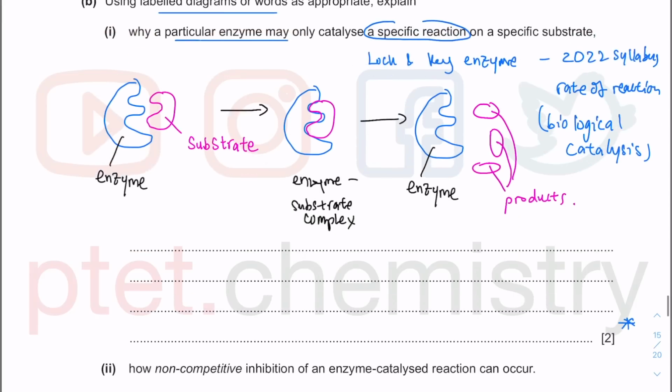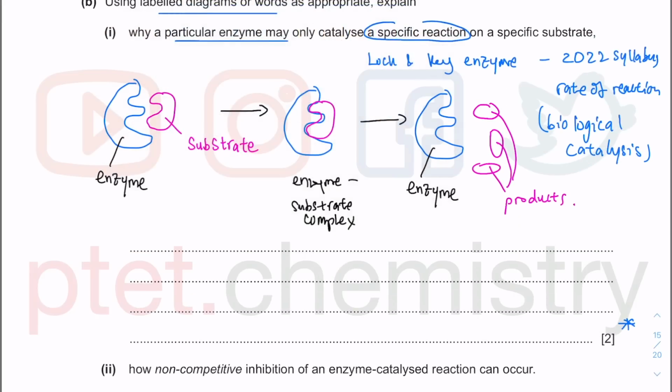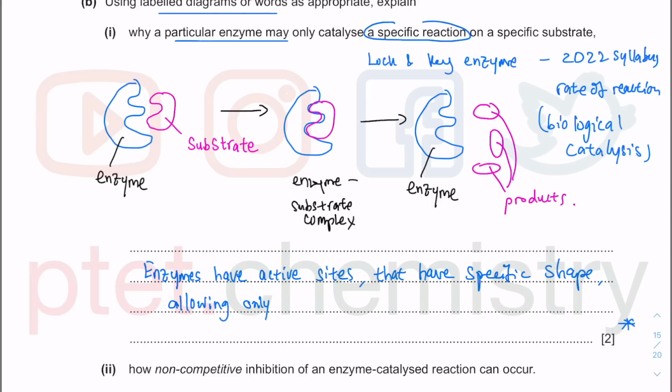So why does it only work with a specific substrate or specific reaction? We can say that enzymes have active sites. These are 3-dimensional pockets that have a specific shape, and this specific shape allows only substrates of certain sizes, of complementary geometry or complementary shape.